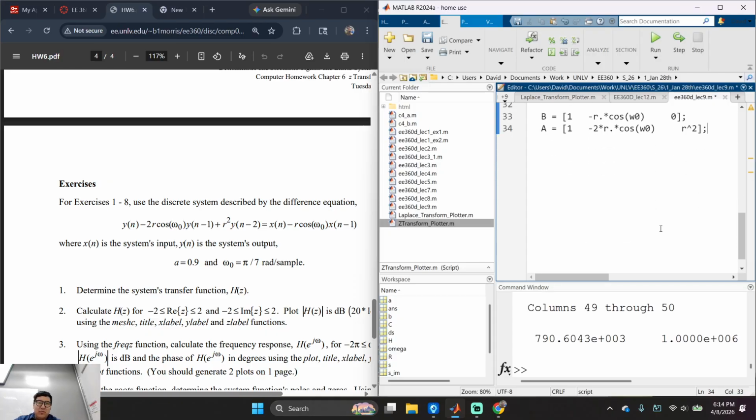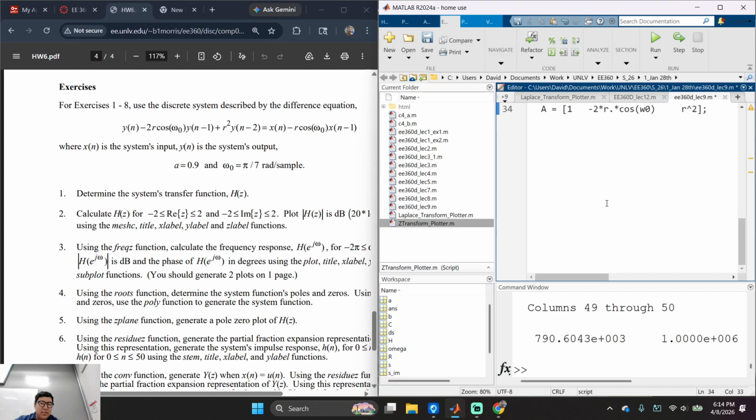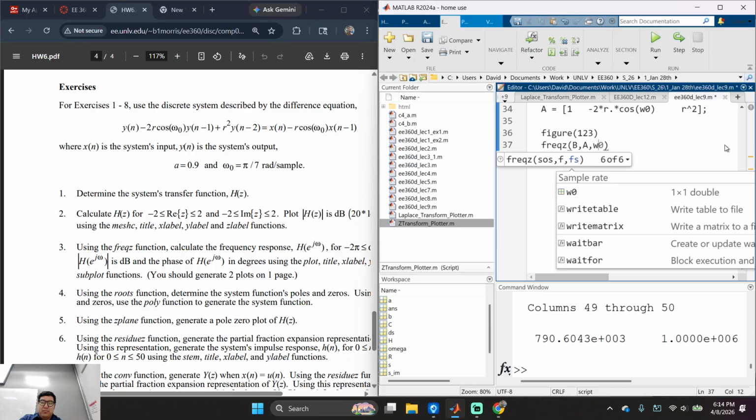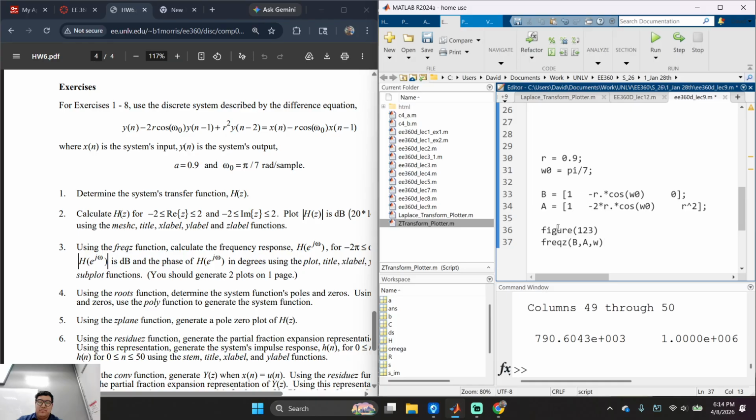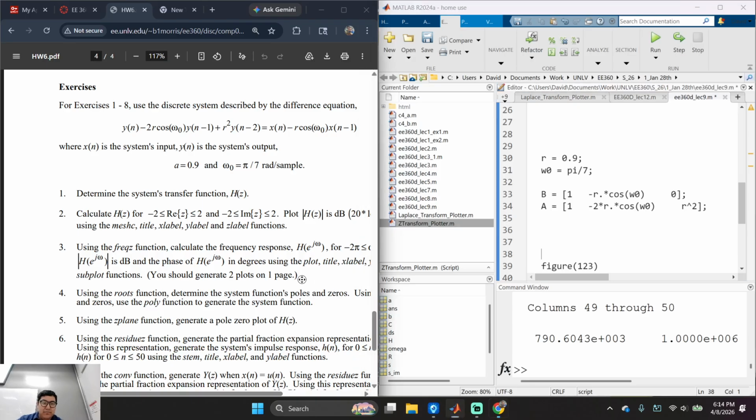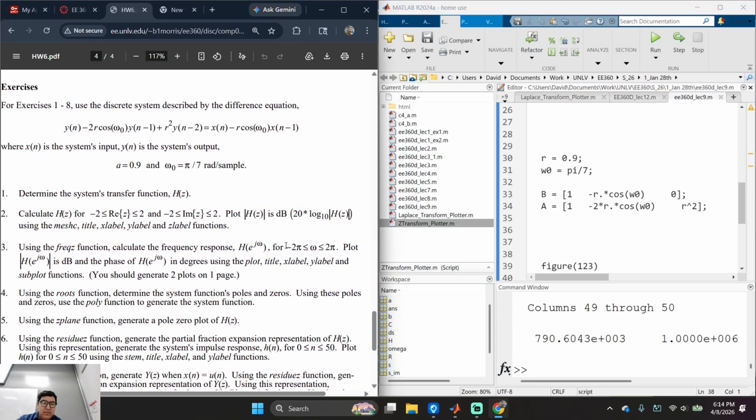Okay, and then let me do my transfer function using the freqz function. Figure 1, 2, 3. freqz of b, a, and w. Okay, what's w? W is this right here.